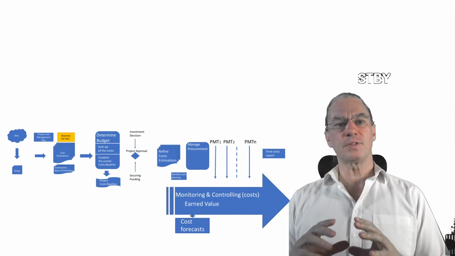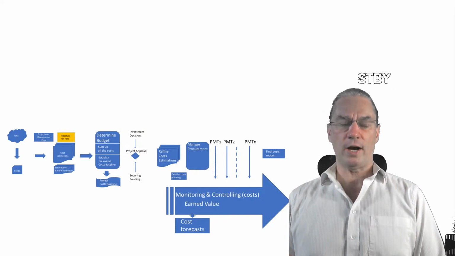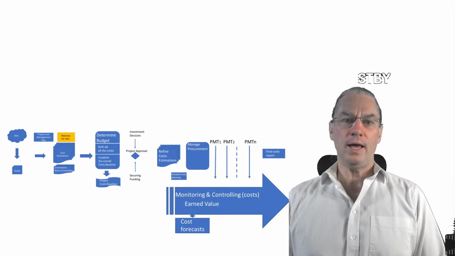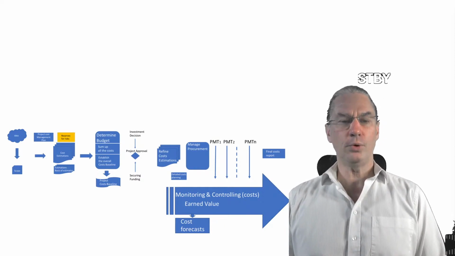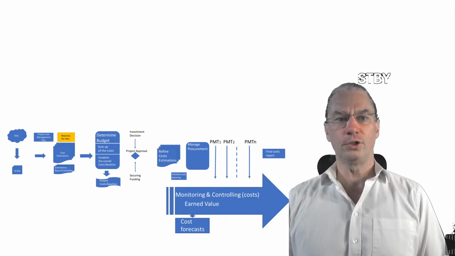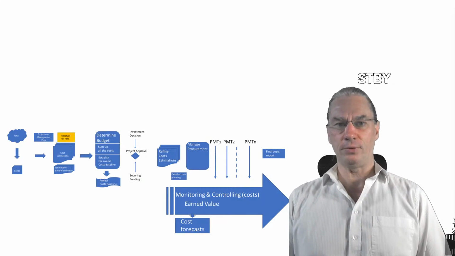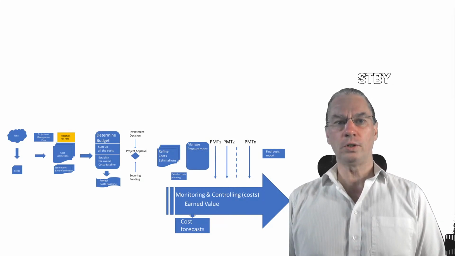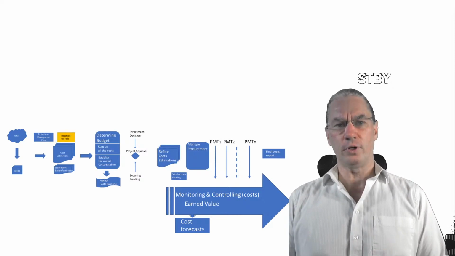And now comes a really important part, which is the tracking and controlling of the project. Here we are interested in controlling the costs of the project. This is now done on what is called a baseline. A baseline is a reference.